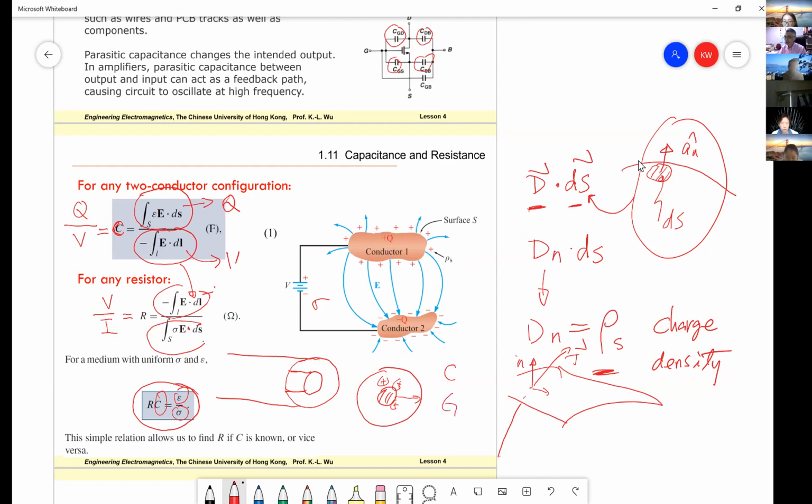Or we can find the conductance, because conductance is 1/R, per unit length. We are not interested in infinitely long stuff. Per unit length, if I cut it at, say, 1 centimeter, I can find the capacitance per centimeter and the resistance per centimeter.